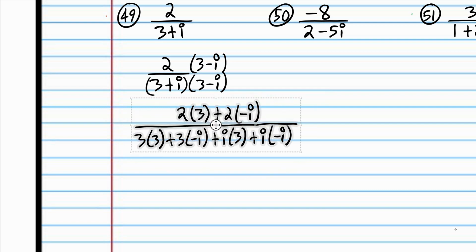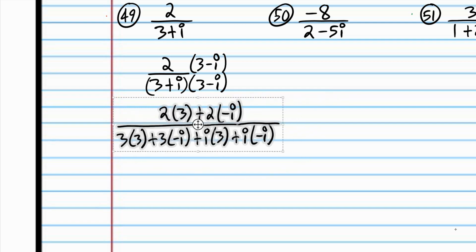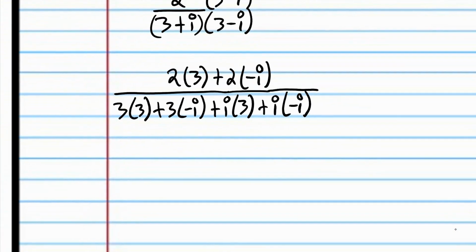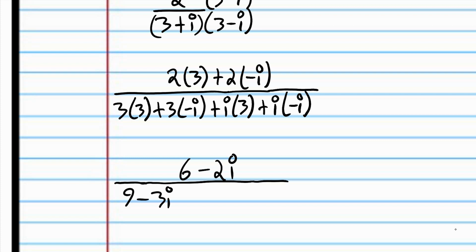So now we're going to simplify the bottom, and as you can imagine, something special is going to happen in the bottom. First of all, let's do the top. So 6 minus 2i. That's the top. We can't really do much with that anymore. And the bottom, we got 3 times 3 is 9. And 3 times negative i is negative 3i. And i times 3 is just 3i.